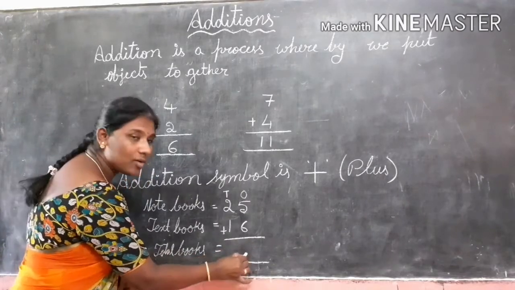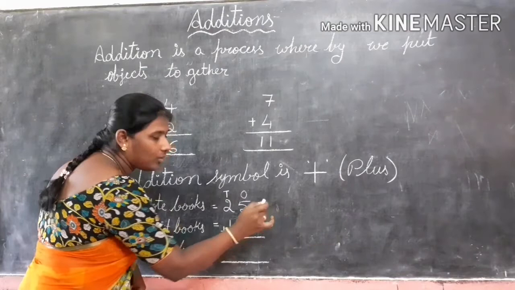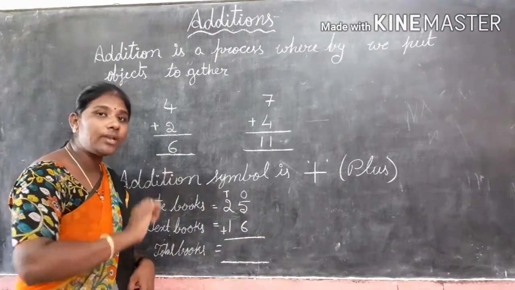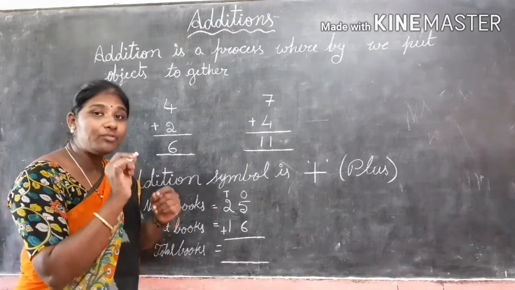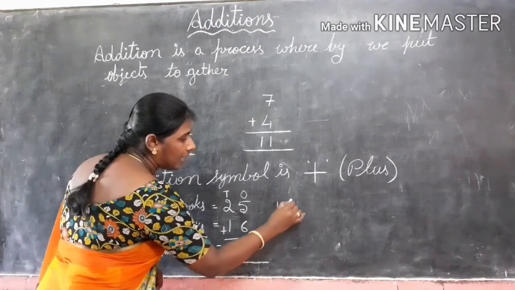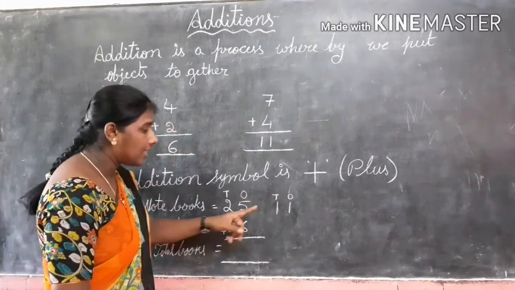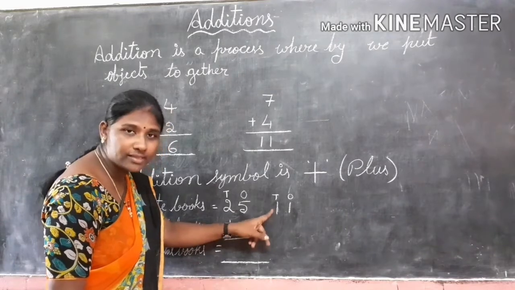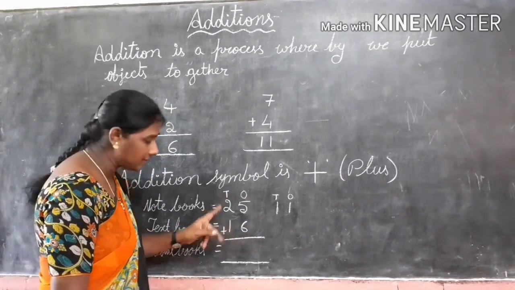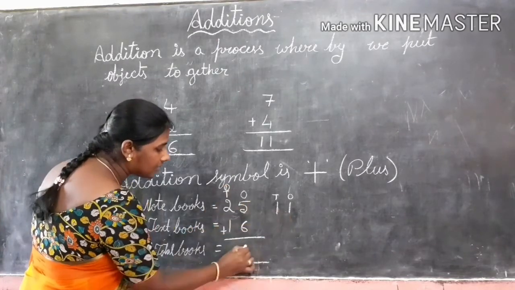Shall we write 11 here? No. In this 11, one is in 1's place and another one is in 10's place. The number which is in 10's place, we write above the 10's place. Here we write 1 in the 1's place.